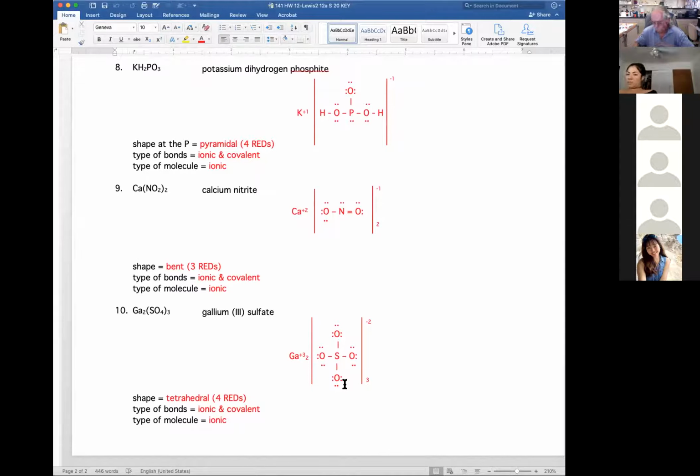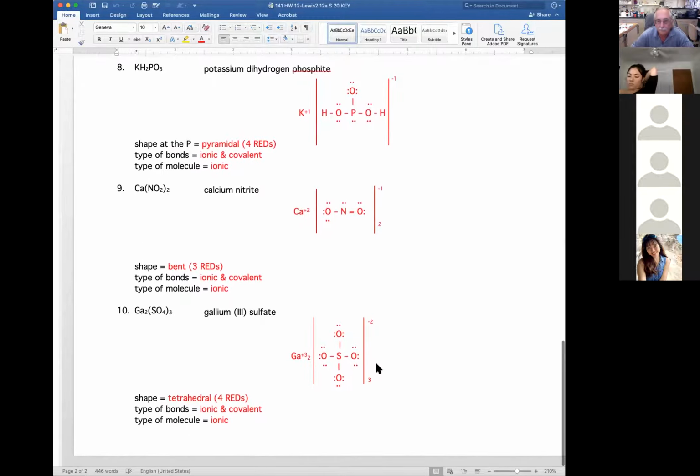Yes. 4 reds, they're all the same. So it should be symmetrical, right? Tetrahedral. Okay. That was 12, right?